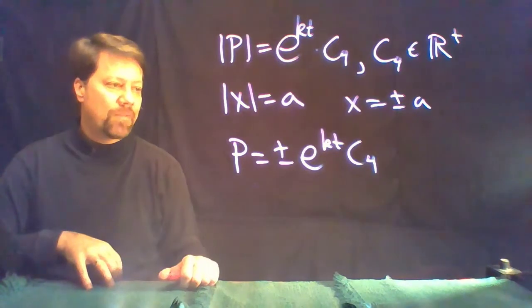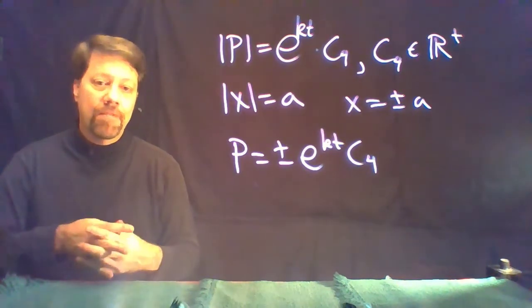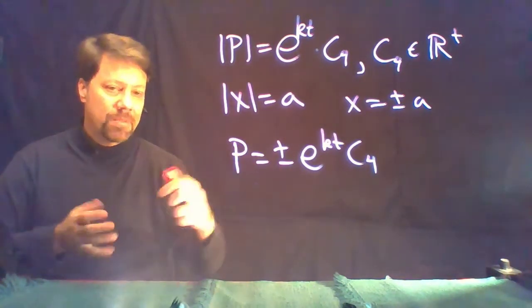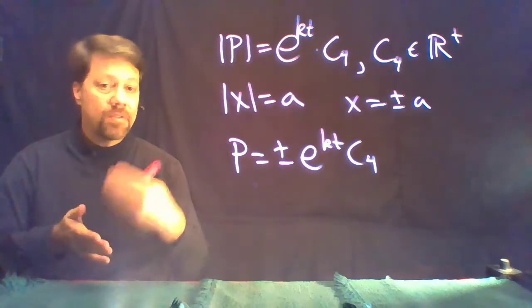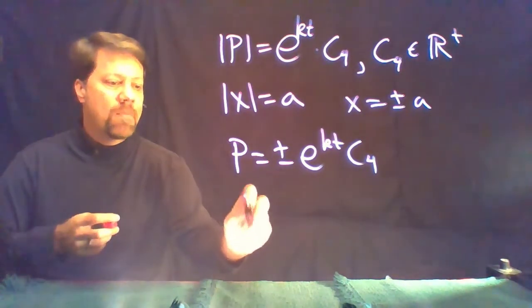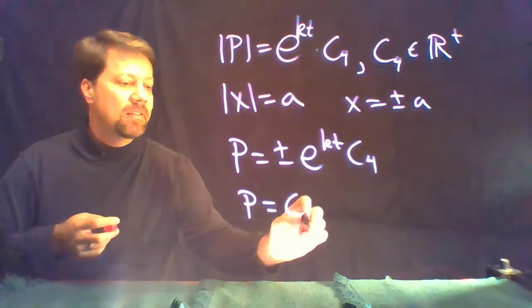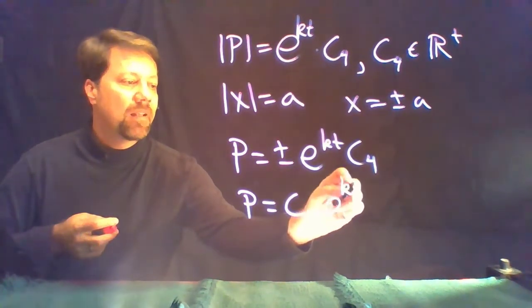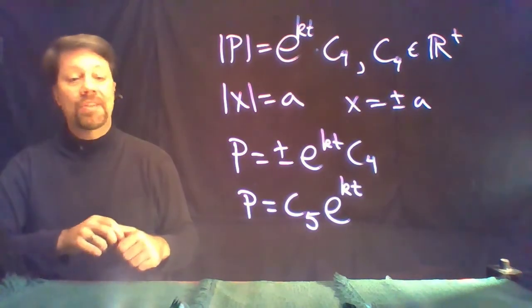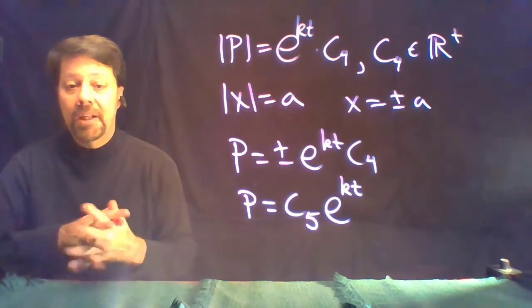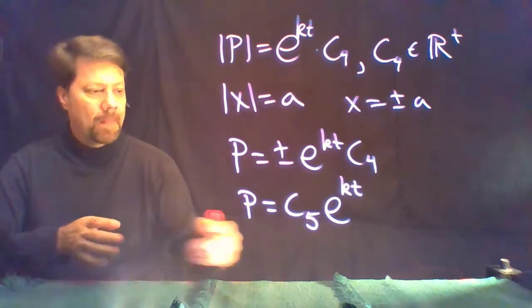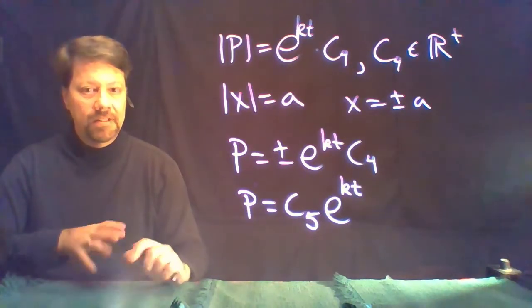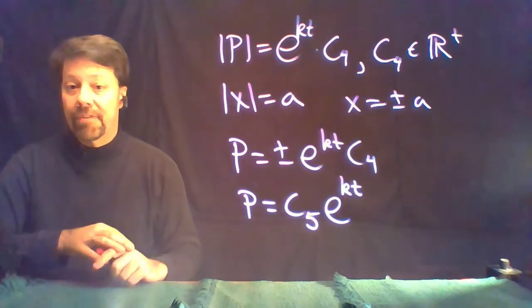Plus or minus c4 allows for the c4 with the plus or minus to be either a positive constant or a negative constant. We may as well write p is equal to c5 e to the kt, where c5 is an arbitrary real number, with 0 giving a valid solution to the original differential equation.